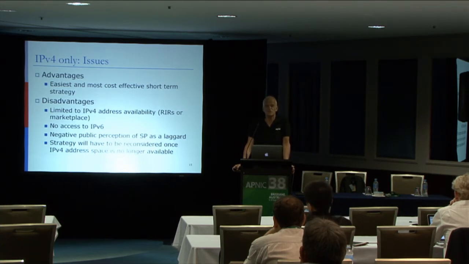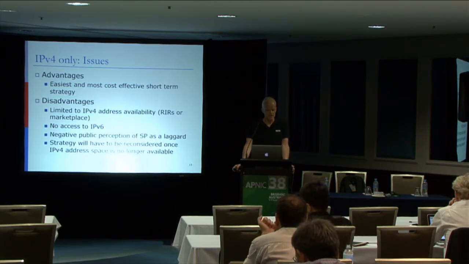If your customers don't know what V4, V6 is, then they just carry on living in bliss. Negative public perception of the service provider being a bit of a laggard, so you're not inventive, creative, forward-looking, leading the pack or anything like that. You're just providing services. Strategy will have to be reconsidered when you run out of V4.